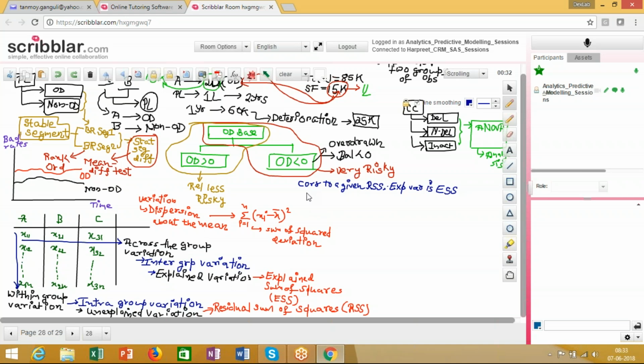Now, similarly, corresponding to a unit value of RSS, the explained variation is what?